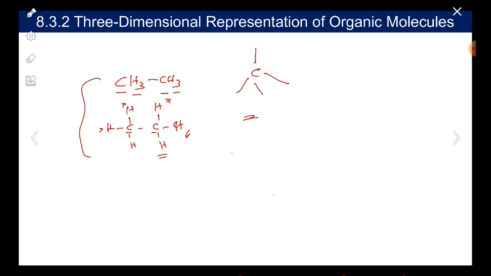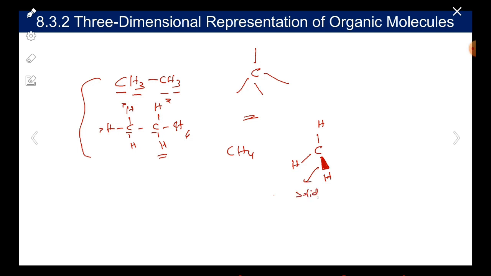Let's imagine we have methane. How are the hydrogen atoms placed in three-dimensional space? Carbon, there will be one hydrogen, there will be another hydrogen, and there will be a third hydrogen, which is towards the observer, in the sense, yourself. That is indicated by a solid wedge.